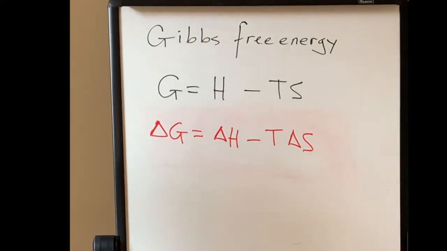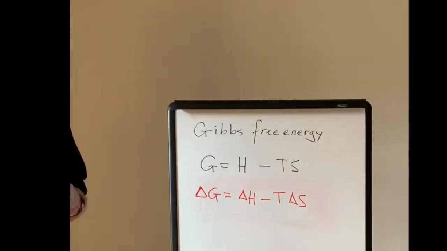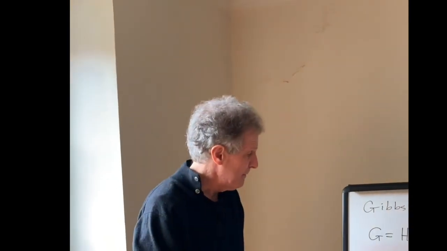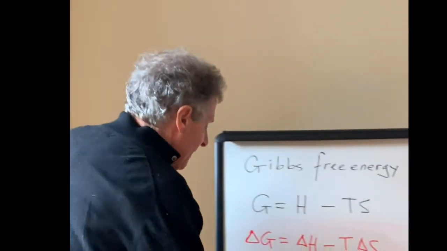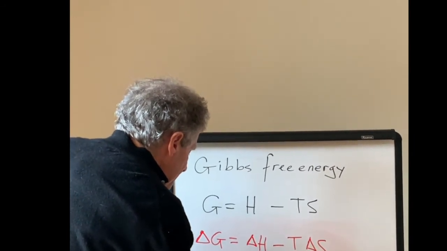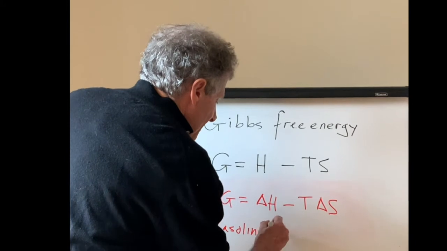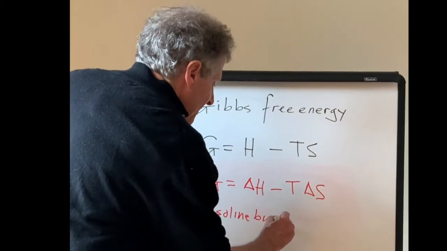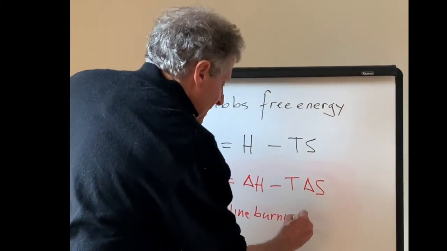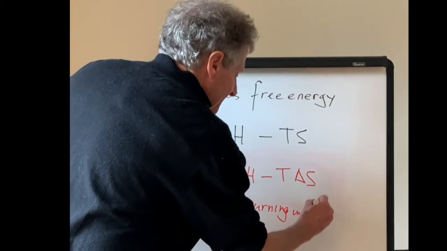So if a reaction is what we call spontaneous, if it will tend to happen given the opportunity, for example, if you throw a match at a bucket full of gasoline, the reaction will happen. And that will happen because, let's say, I'll write this down, gasoline burning in a bucket.